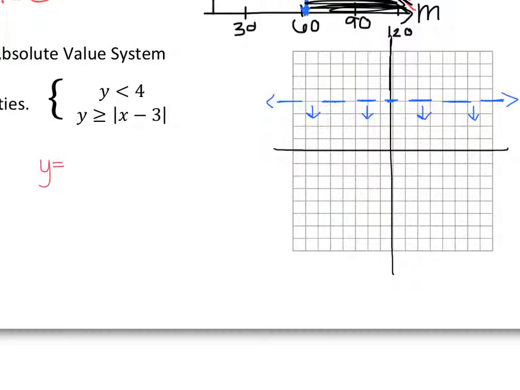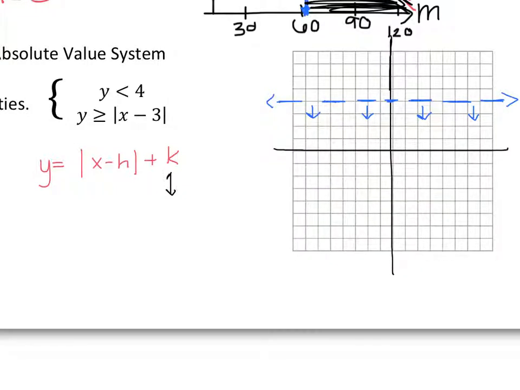Then start at +3. For absolute value, let's just review real quick. Does the H or the K send it up and down? K is up and down, that'd be vertically. Is it the number on the outside or the number on the inside that makes it move vertically?